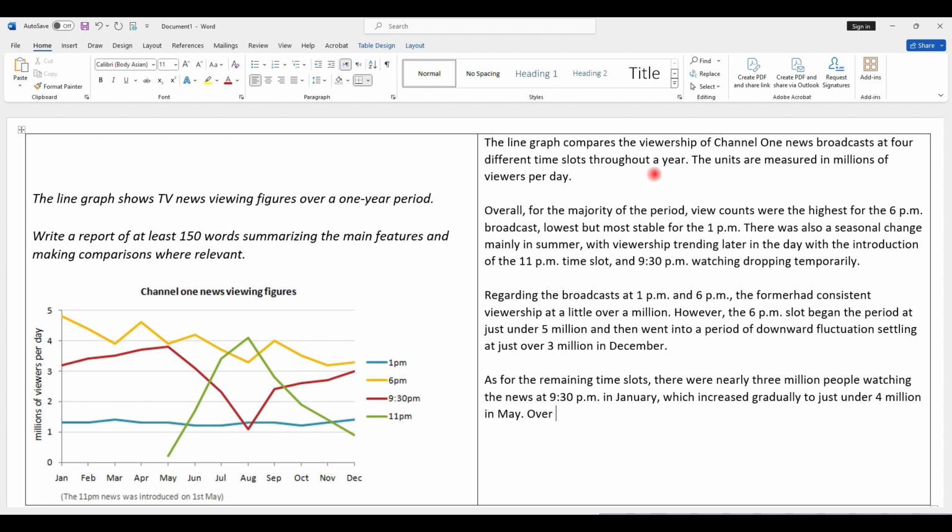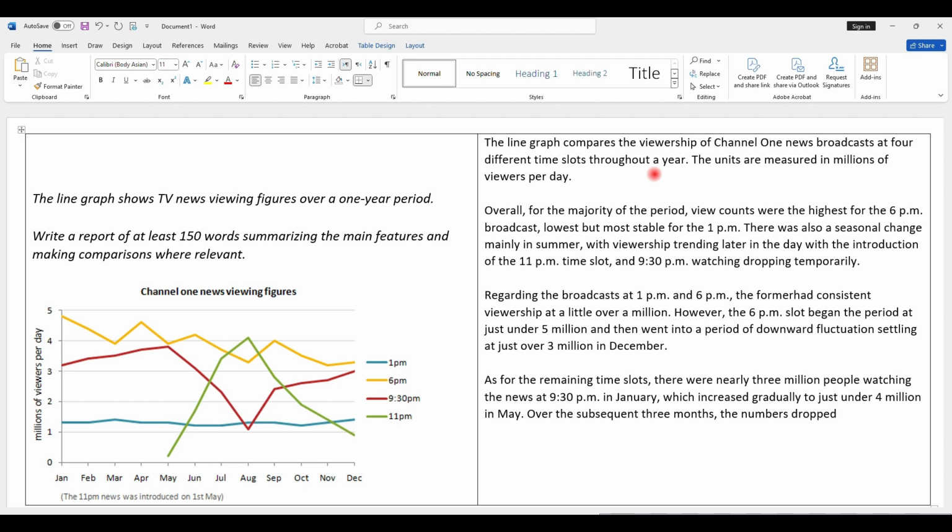Over the subsequent, or over the following, okay, over the subsequent 3 months, yeah, the numbers dropped. Okay, some students just say dropped significantly, but that's just redundant. Drop means to go down fast, quickly, or something like that.